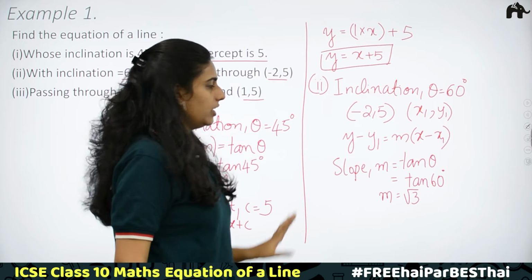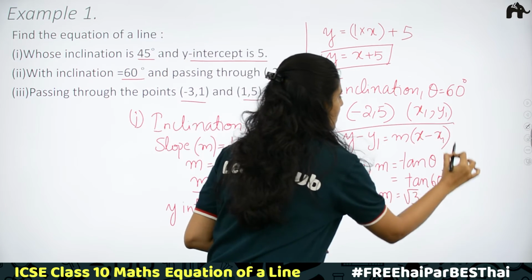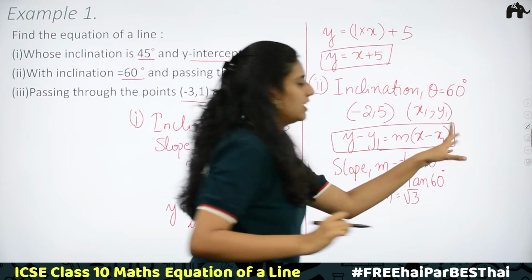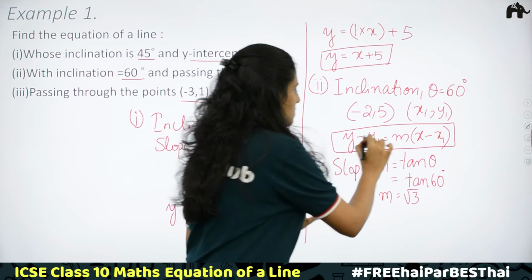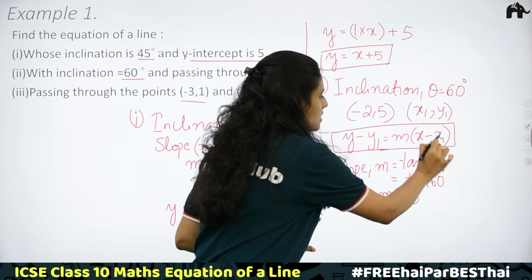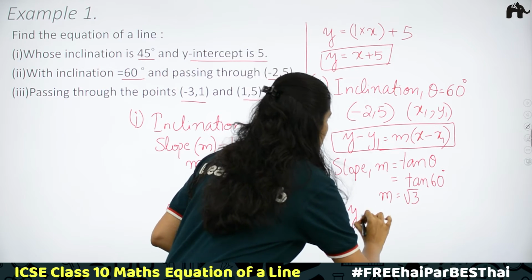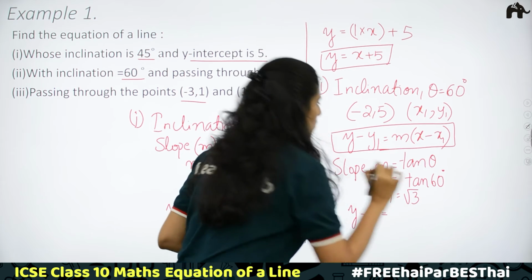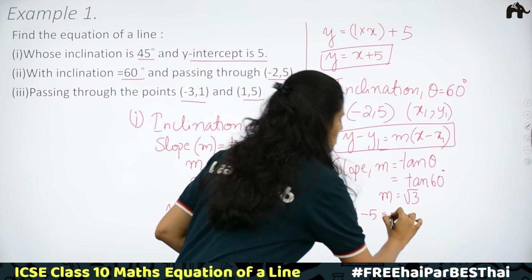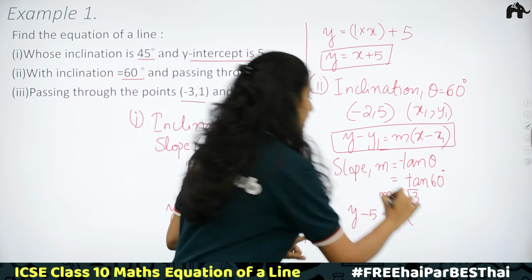Now, we can form the equation of line. Yes. Y minus y1 is equal to m into x minus x1. This is the point-slope form. Here, substituting values for x1, y1 and m. Y minus, what is y1? 5. 5 is equal to m. M is √3 into x minus x1.